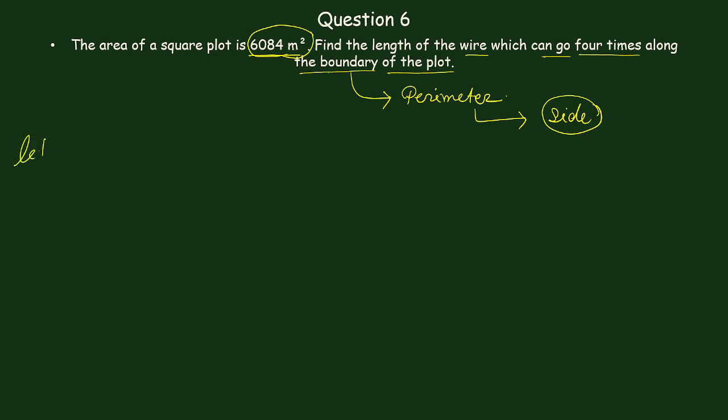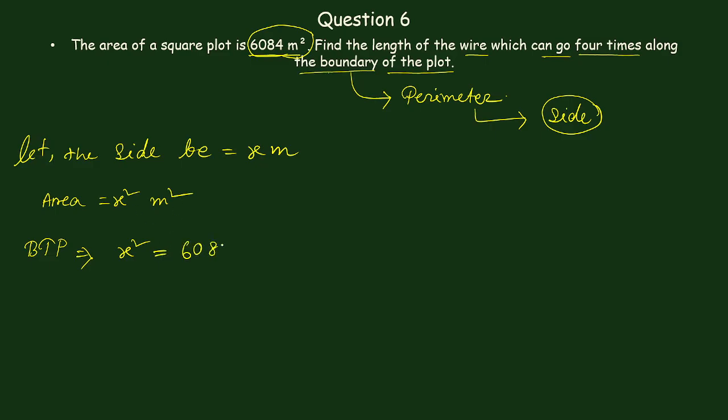So let the side be x meter. So area will be x square meter square. So by the problem, x square equals 6084. So x will be, now do the prime factorization of 6084. 6084, 2, 3042, again 2, 1521.